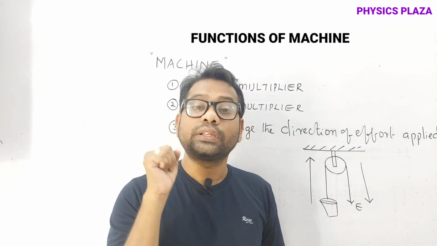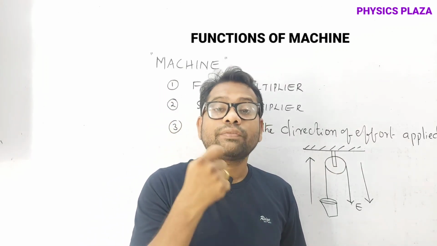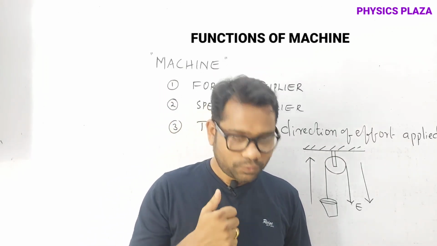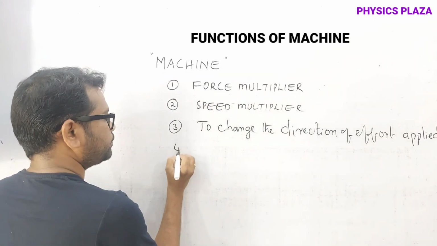Is that clear? So what is the third function, children? The third function is to change the direction of effort applied. Fine. Now we see the fourth function, children.